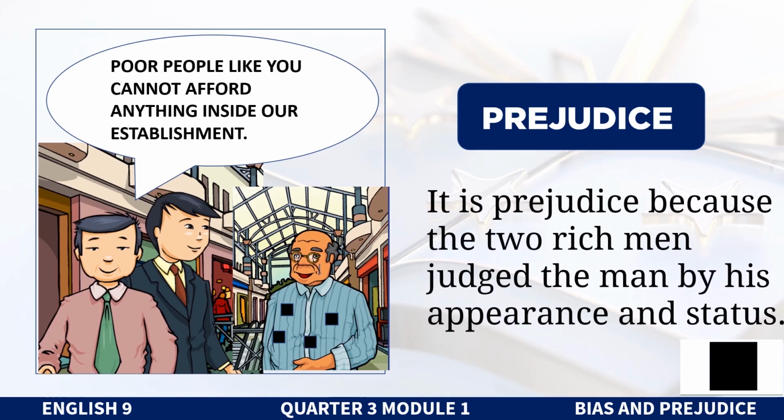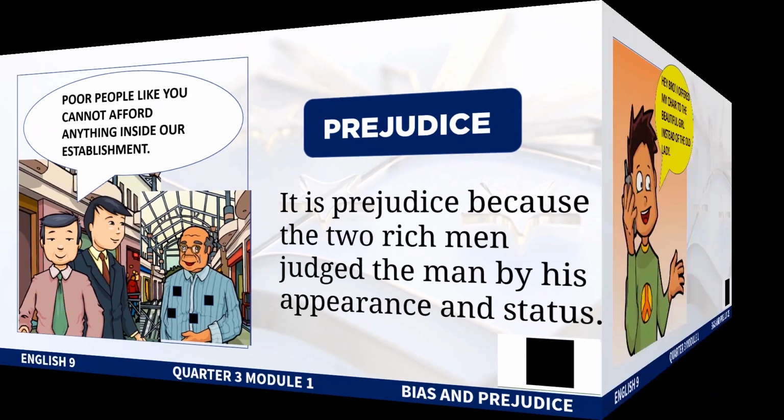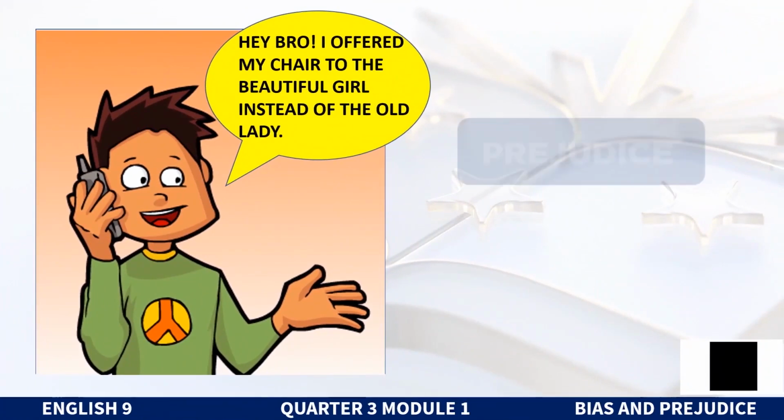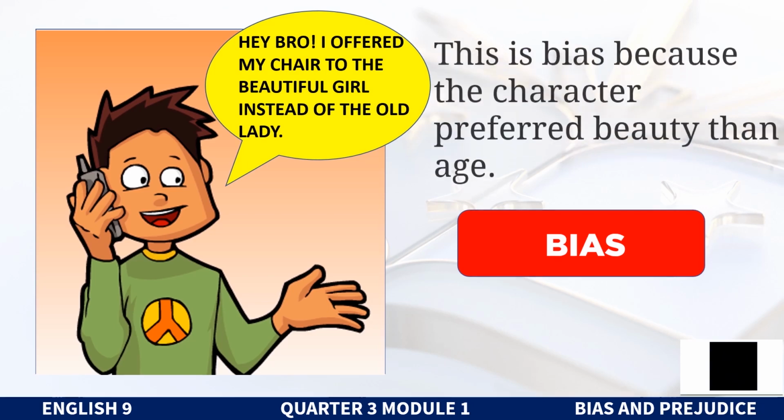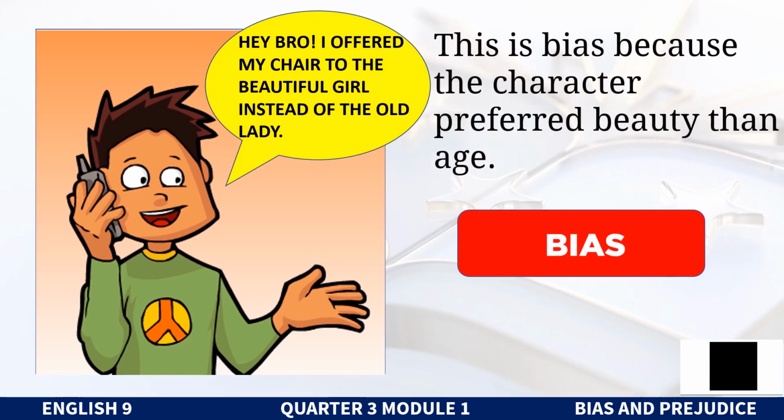It is prejudice because the two rich men judged the man by his appearance and status. The correct answer on number 4 is bias. This is bias because the character preferred beauty than age.